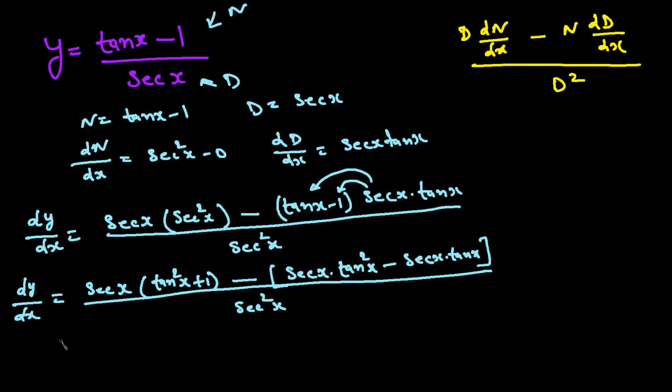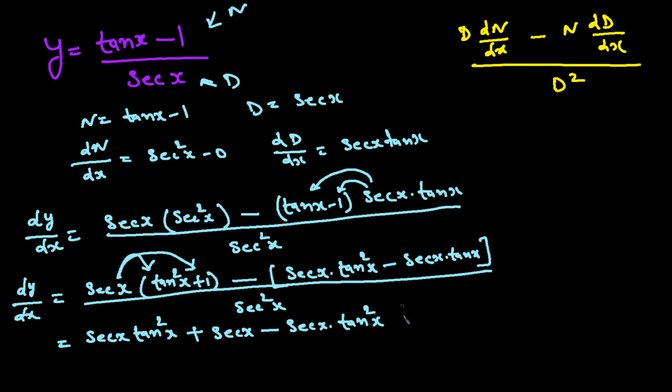Okay, next step. Distribute this one over there and with the 1. This gives me secant x tangent square x plus secant x multiplied by 1 gives me secant x, and then we distribute this negative sign. So secant x tangent square x, minus times minus gives me positive secant x tangent x, divided by secant square x.